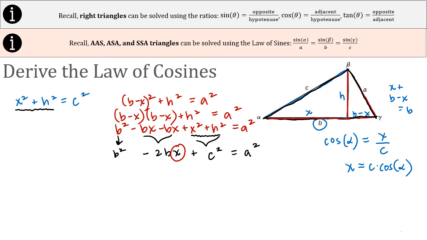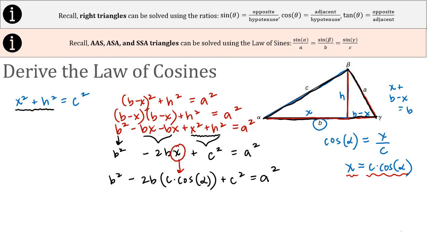Now, how does that help me? I'm going to take this value of x and substitute all of that in here for x. So I end up getting b squared minus 2 times b, and I'm going to substitute c times the cosine of alpha, plus c squared equals a squared.